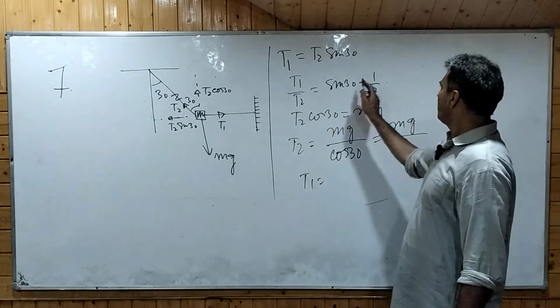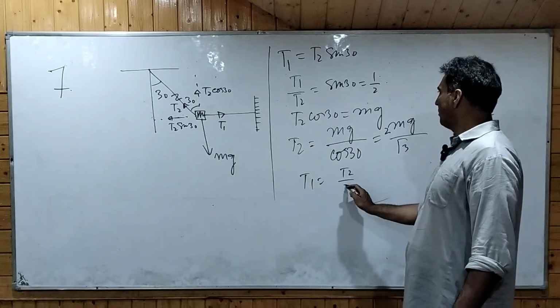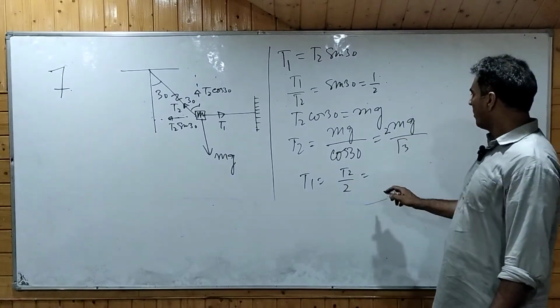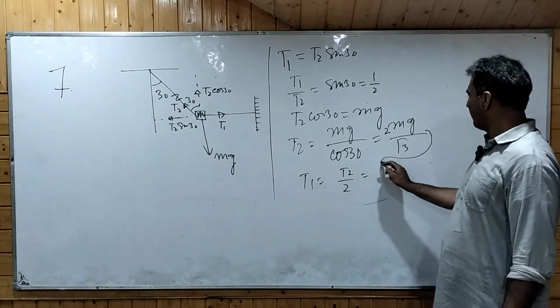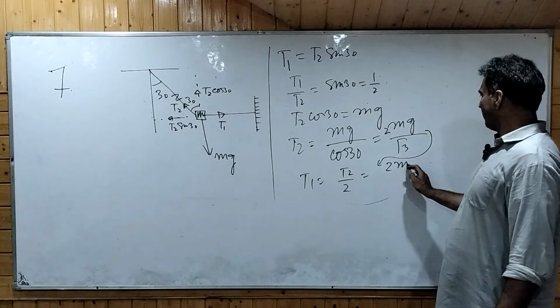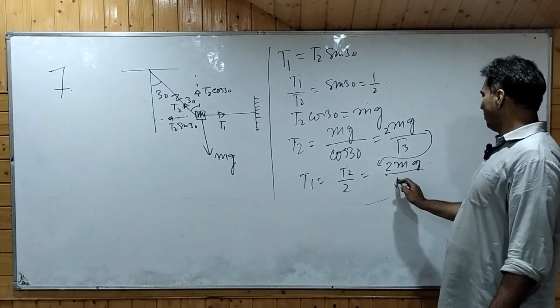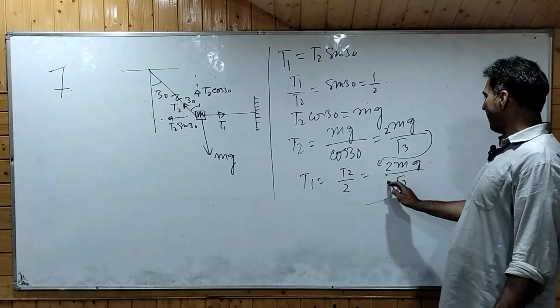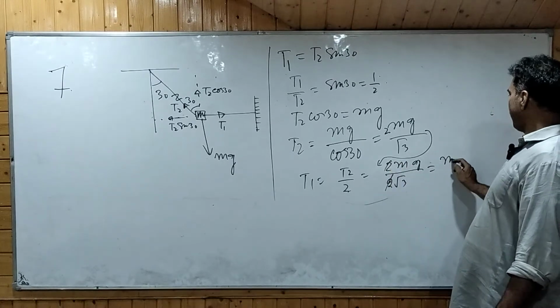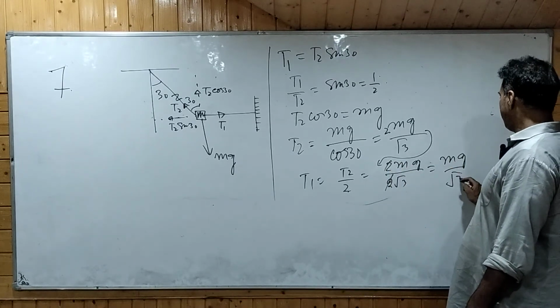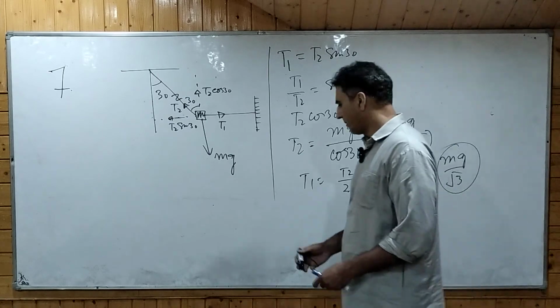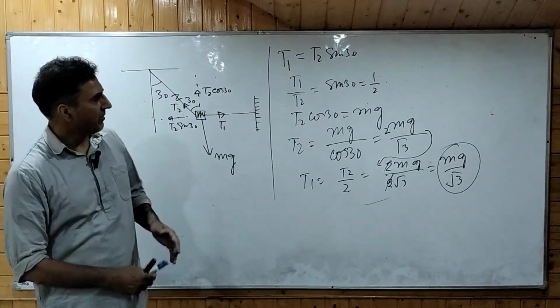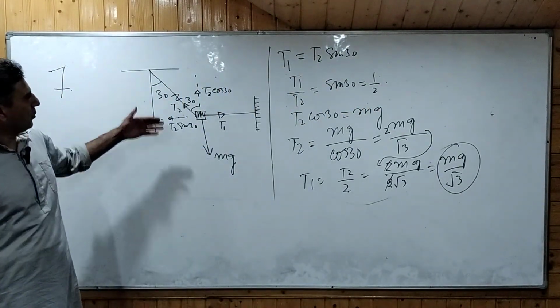T1 is equal to T2 by 2, use T2 here, that is 2mg by root 3 is T2, the 2 cancels, so T1 is mg by root 3. That's all. Easily done using vectors.